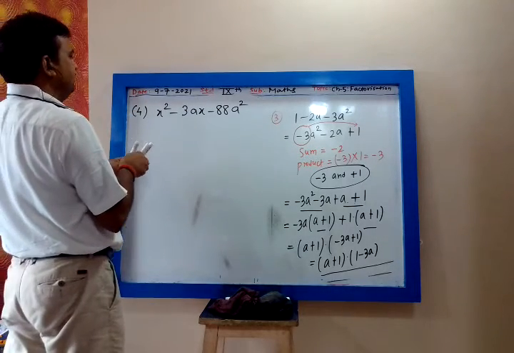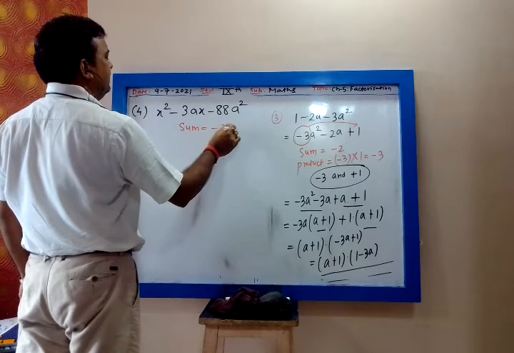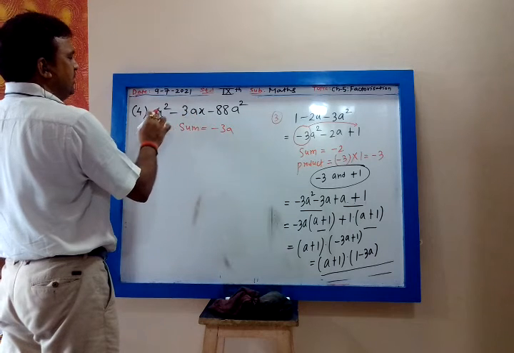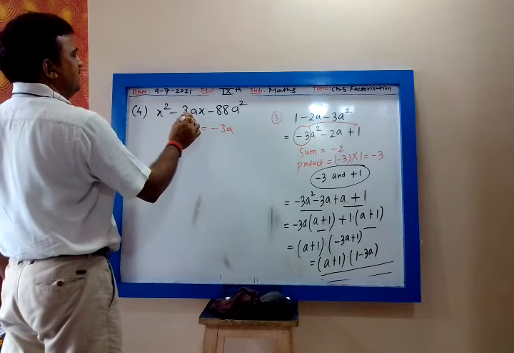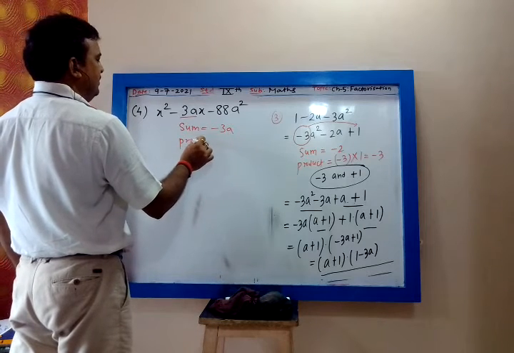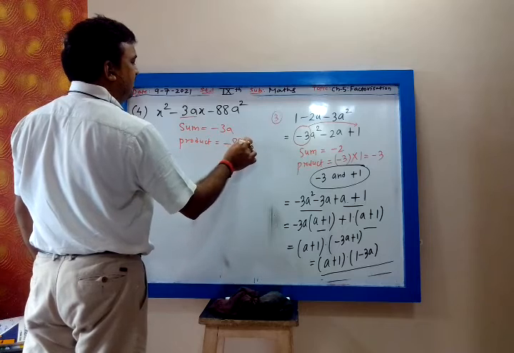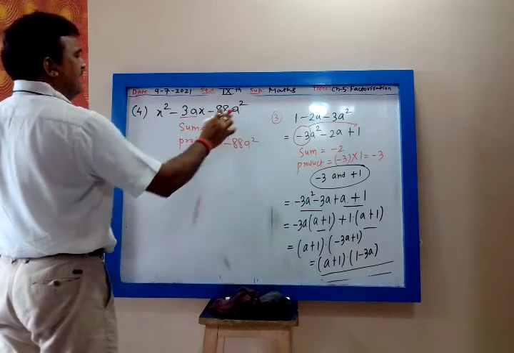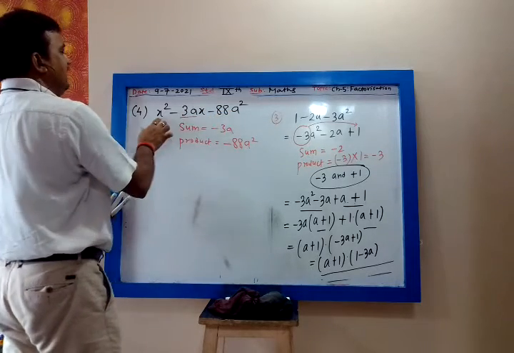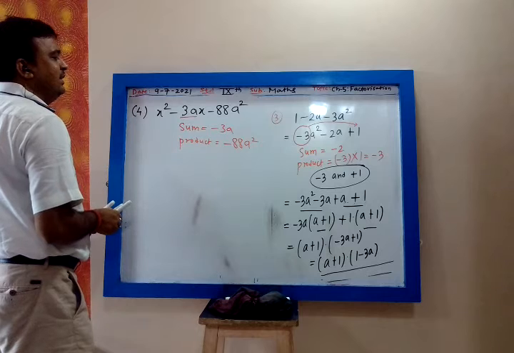So what should be the sum? The sum should be minus 3a, because my variable is x, my dear. The sum should be minus 3a and the product should be minus 88a square, because this is my constant term. Variable is x. So now find two numbers whose sum is minus 3a.